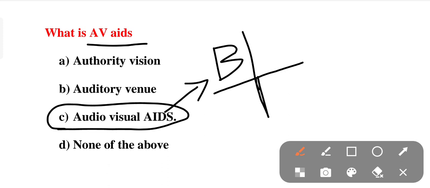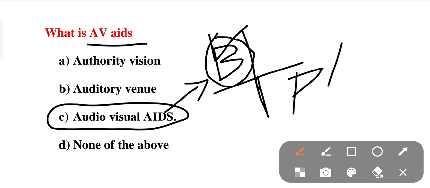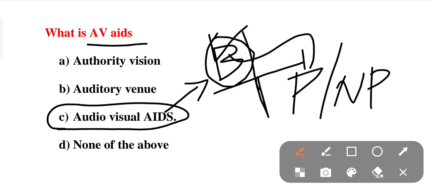So for that reason we are using blackboard. So blackboard also comes under one type of audio visual aids. In the audio visual aids there are different types: projected or non projected. So the blackboard will come under the projected aids.